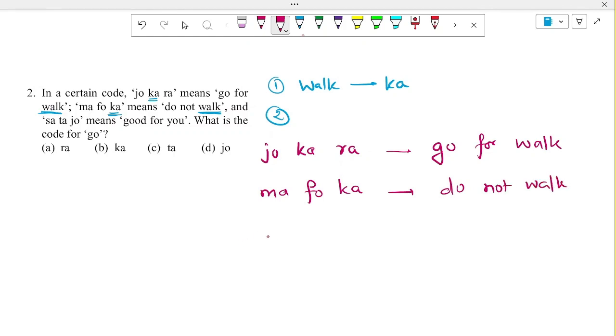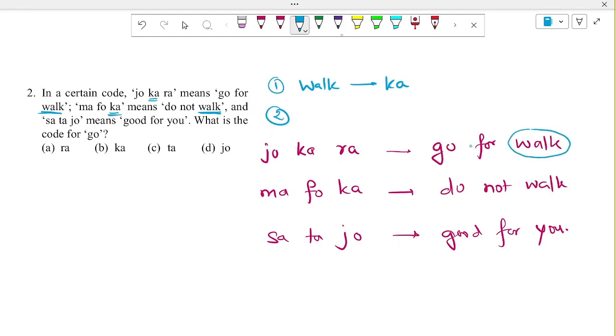And then the third one is sa, ta, jo, means good for you. As I told, I have got walk here and walk here. In both, the common one is Ka and Ka, right? So walk is Ka.